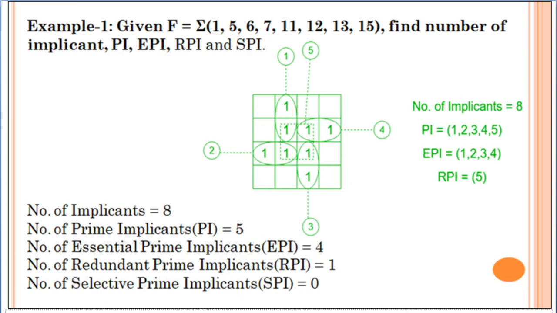We fill 1 at cell 1, 1 at cell number 5, 1 at the address of 6, and 7 is the 7th position, the identity of that particular cell is 7.